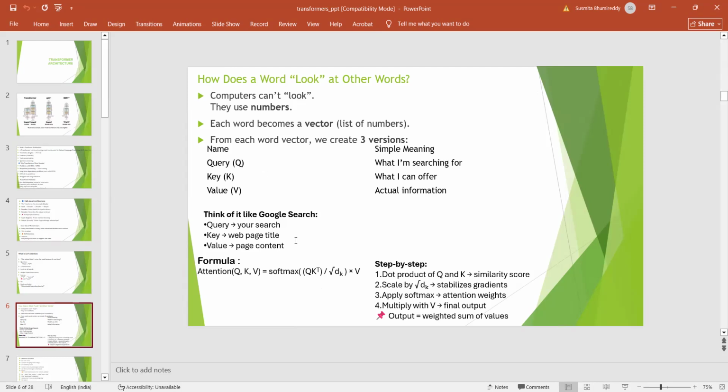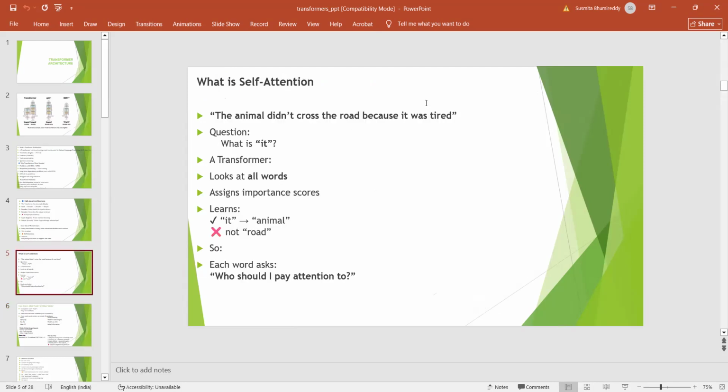And then how can we calculate this attention? This is the formula to calculate the attention: attention of Q, K, V equals softmax of Q into K power T. Here we are doing a dot product. We have a query, and to find which words are relevant to this query, we need to do a similarity search.